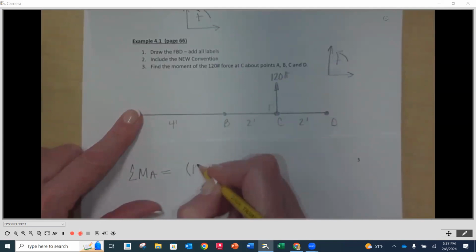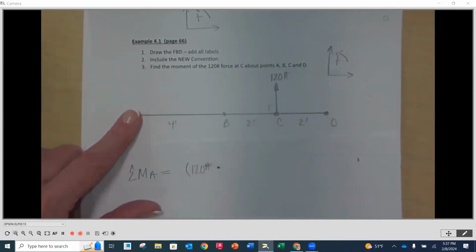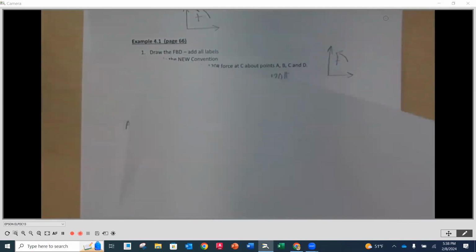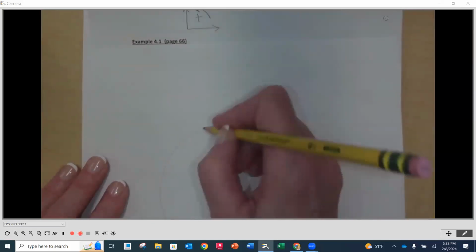So this is going to be 120, put your units with it, pounds, multiplied by the perpendicular distance. So I like to think of this with the center of rotation for a circle, for instance, as the point that I'm summing around.